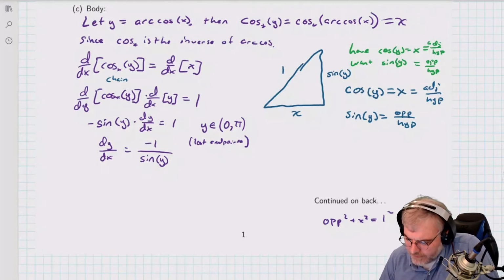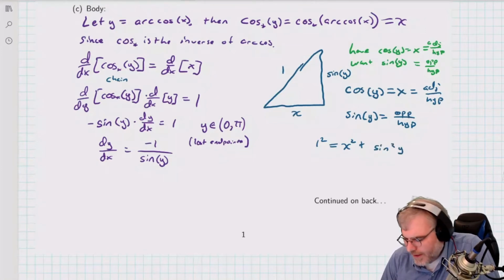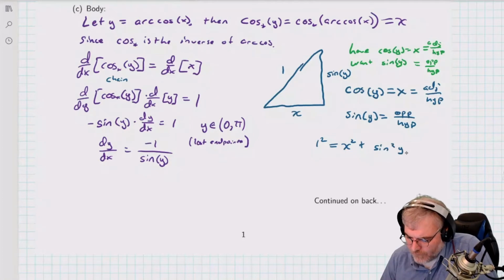But what I want to do now is solve for this. So I get that opposite squared, the hypotenuse 1 squared, equals x squared plus the opposite, or I could say sine y squared. Okay, and now I want to solve for sine.